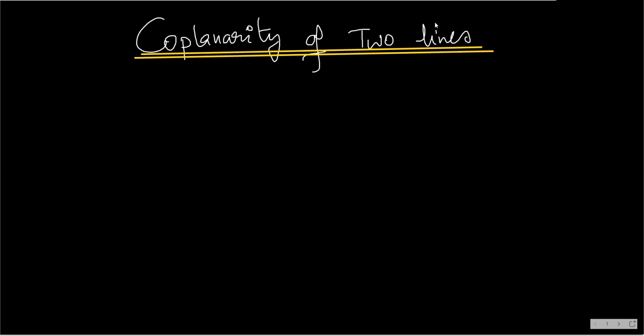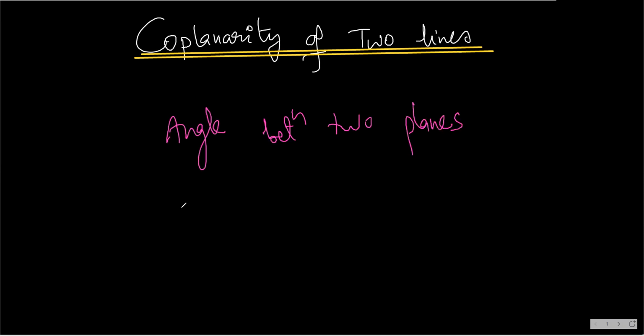In the previous lecture on planes, we did a few very important topics. We did the angle between two planes. Then we also did the angle between a line and a plane.